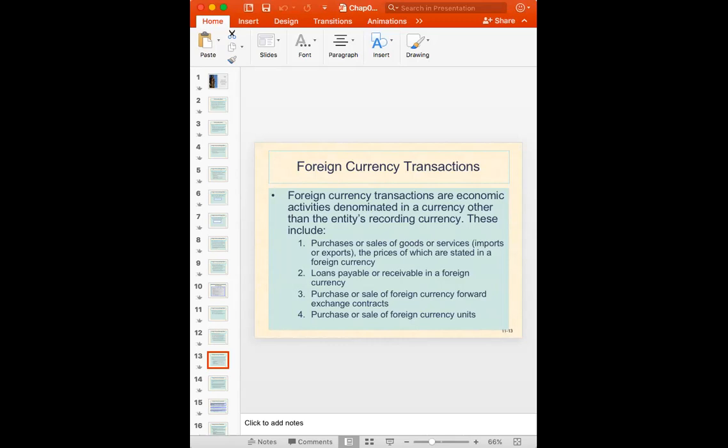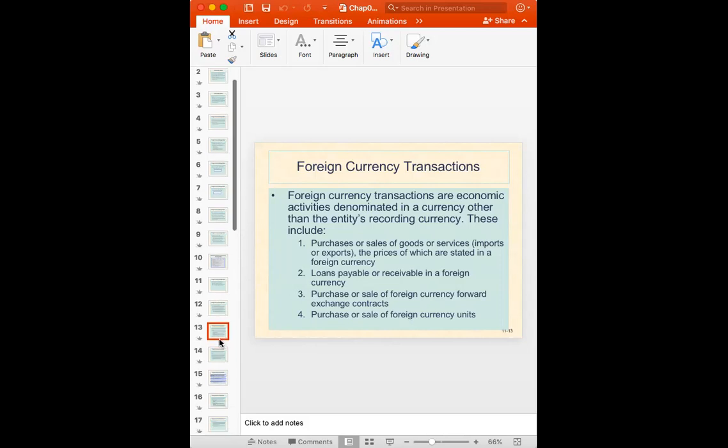Also loans payable or receivable in the foreign currency, purchase or sales of foreign currency forward exchange contracts, and purchase or sale of foreign currency units. There is a situation when one party in a foreign exchange transaction has to exchange its own currency for another country's currency. FCT will be used as shorthand to refer to a foreign currency transaction.